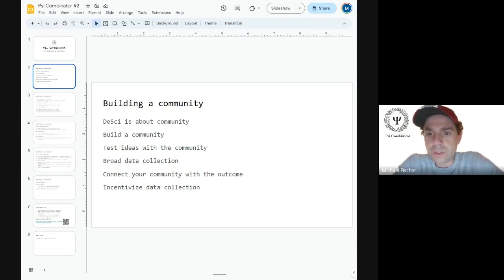When someone wants to work with you, having a user base of 100 or 1,000 very targeted people of a specific type is a huge incentive for closing the deal with, say, a pharmaceutical company. And the last thing is you can give an incentive to the people. We'll talk a little bit about that.